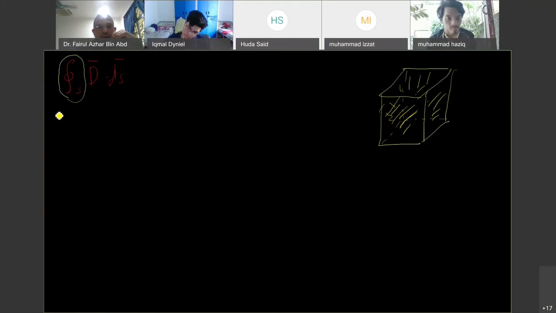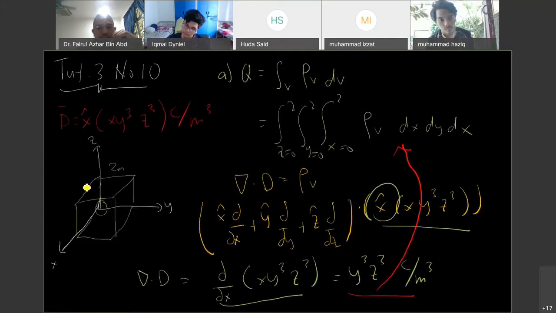For the front surface, we have 4 points. This point will be 2, 0, 0.